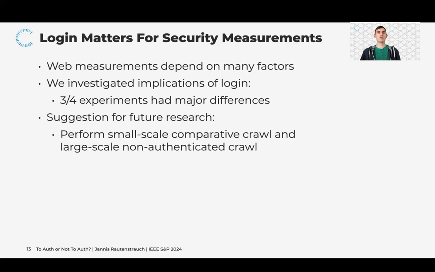One should first perform a small-scale comparative crawl to estimate how much impact login has on the research question studied, and then perform a large-scale non-authenticated crawl to cover more of the web, because performing these logged-in crawls is a lot of effort and non-authenticated crawls are much easier. We also open-sourced our tool to help you in performing such comparative crawls.